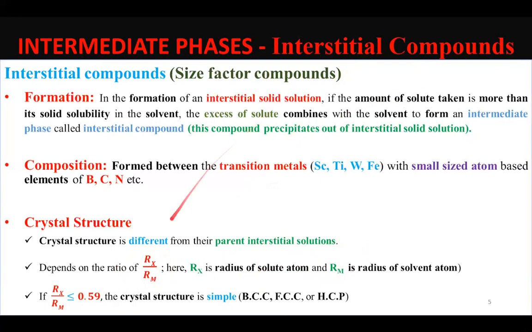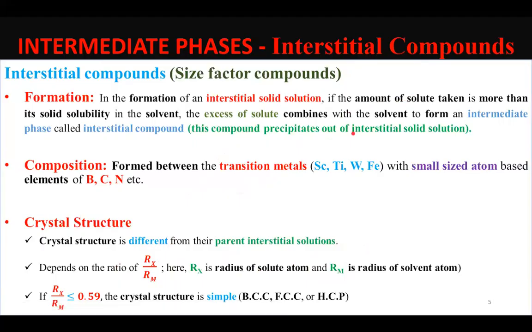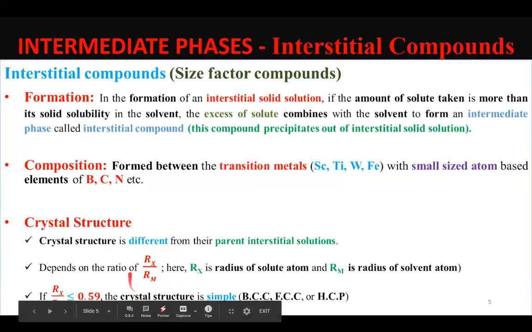And in case this Rx by Rm ratio is more than 0.95, then the crystal structure must be complex. Why am I saying this? Because if this condition of satisfying the Rx by Rm rule is not met, then this intermediate phase that is getting formed may be something else. If it is a size factor compound or an interstitial compound, it has to show the crystal structure according to this rule.